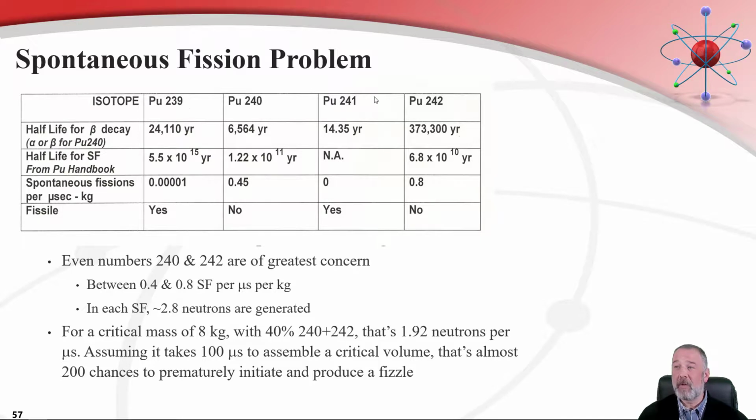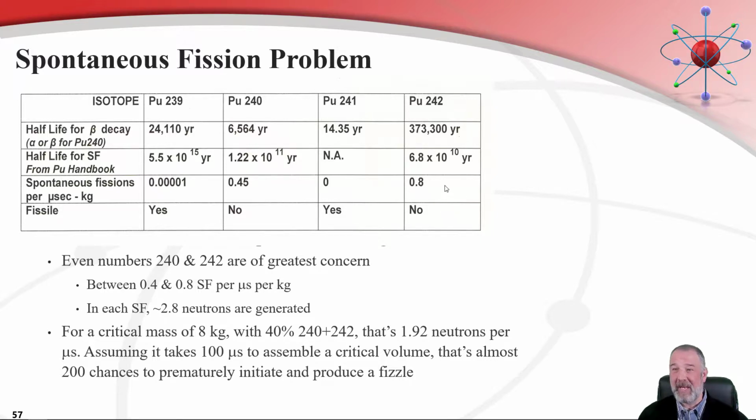So plutonium-241 doesn't actually spontaneously fission, but it's got a pretty short half-life. I think 241 decays by alpha emission. So this isn't an issue at all for us to have. But then we have plutonium-242, which has a long half-life, but it spontaneously fissions a lot.